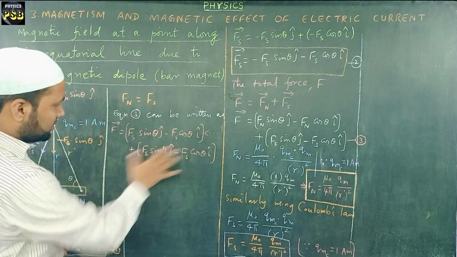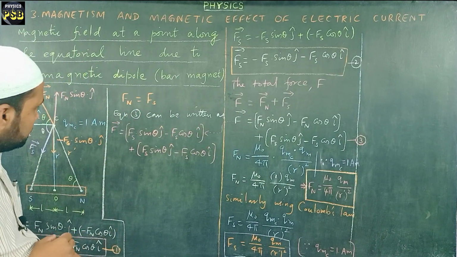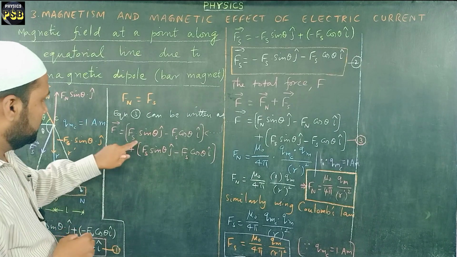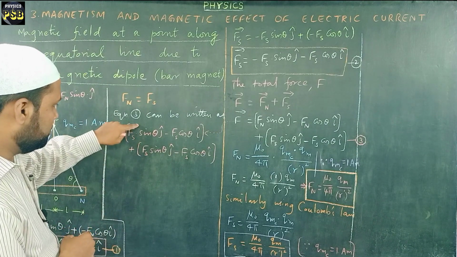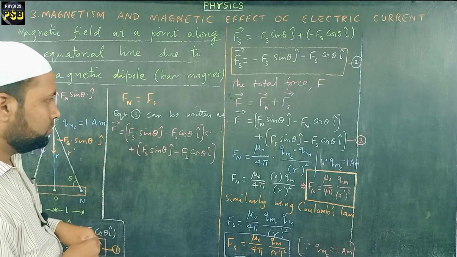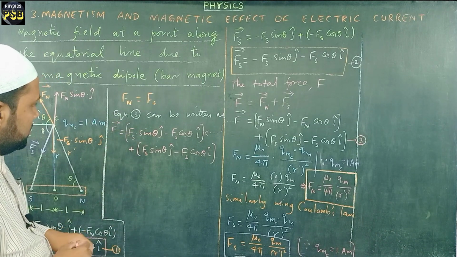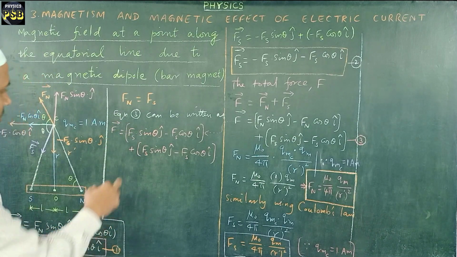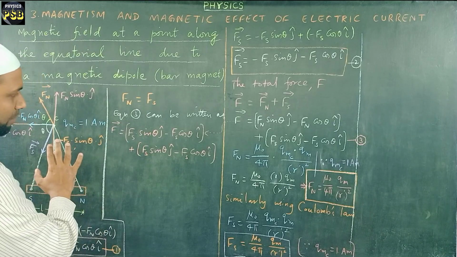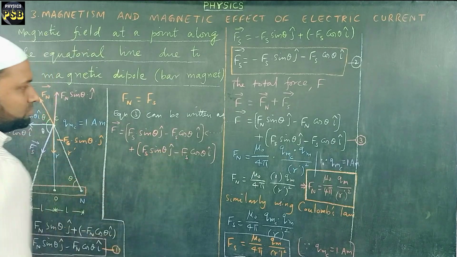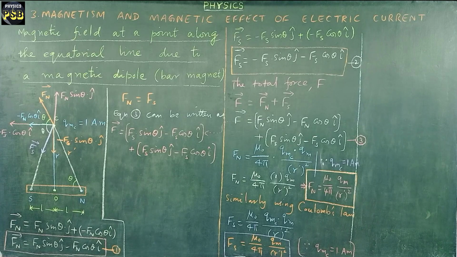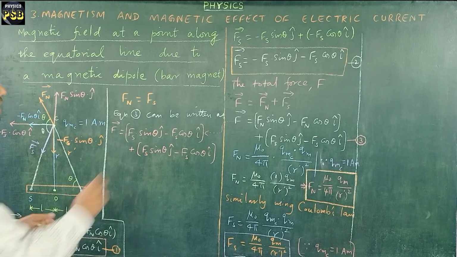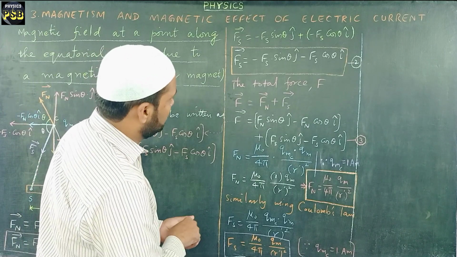Now, if you look at this carefully, you may find that certain terms get cancelled. Now this term and this term have become equal. See, here I have made a small mistake in the substitution.